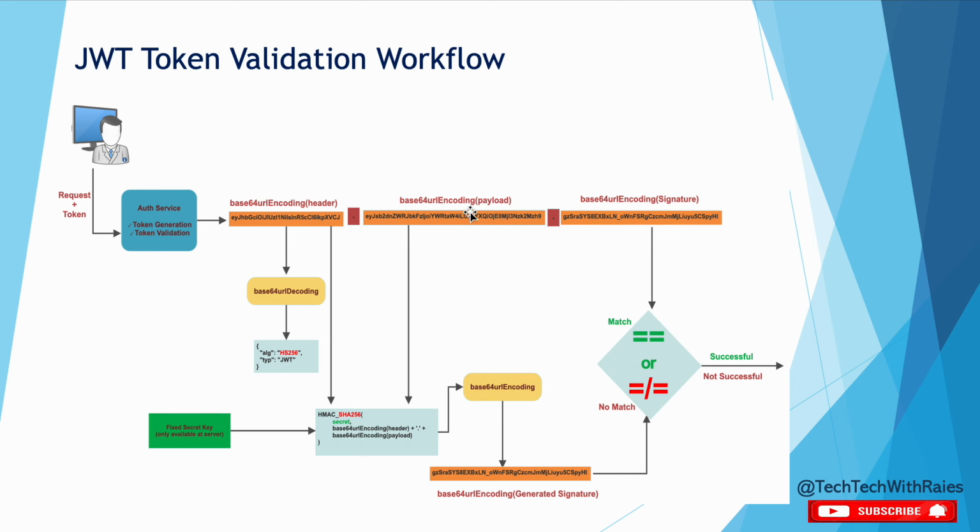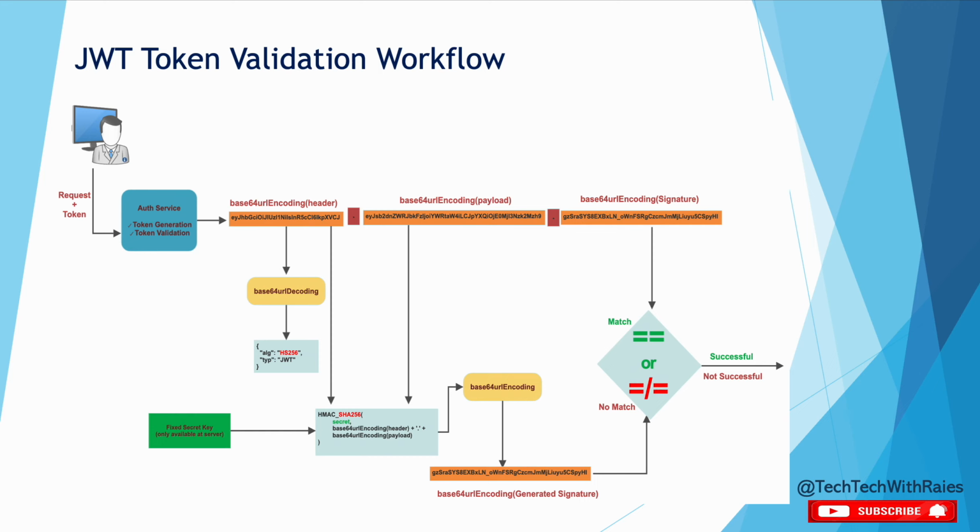So what will happen, this whole generated hash will be different. We will get a completely different hash, because any different input supplied to a hash function will create a different output. So this signature will again not match, and this login will not be successful, the credentials will not be valid. So this is what the whole token validation workflow is.